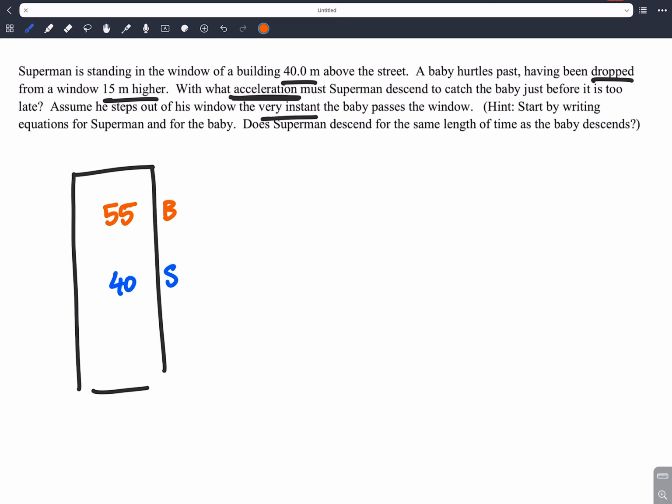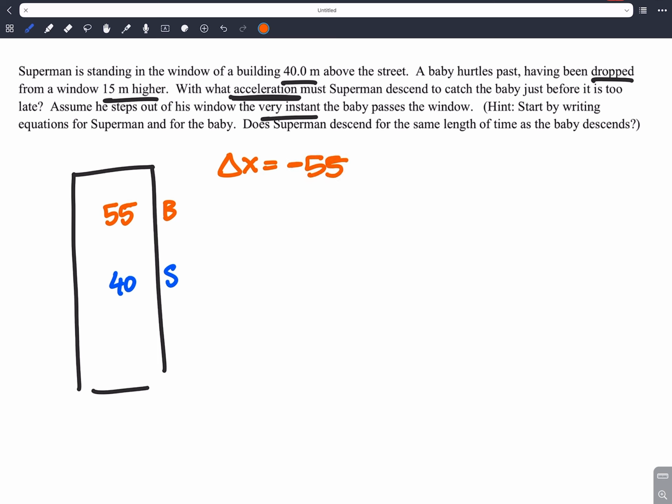Now, let's write out all the kinematics variables. Our initial position for the baby is 55 meters, and since the baby will eventually reach somewhere close to the ground, the final position of the baby is going to be 0. So change in x equals 0 minus 55, final minus initial, which is just negative 55 meters.